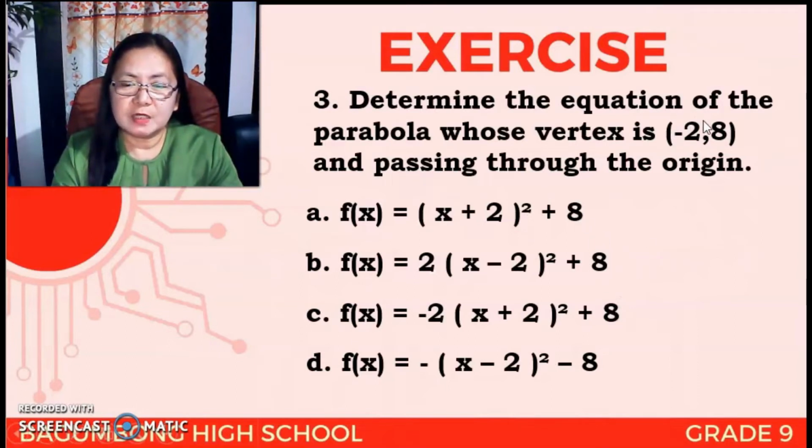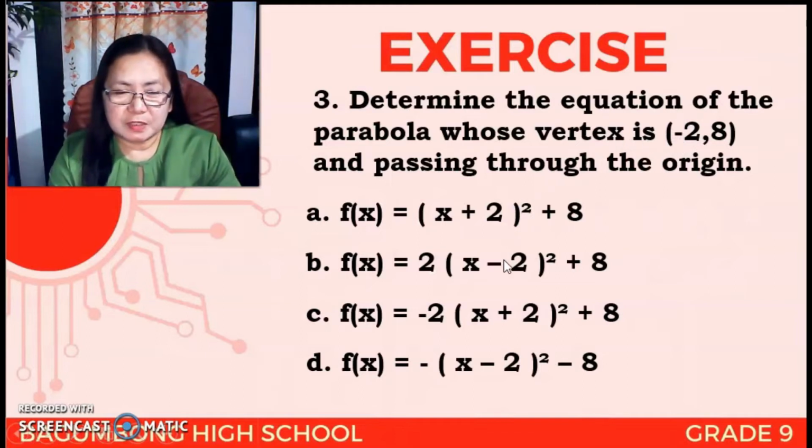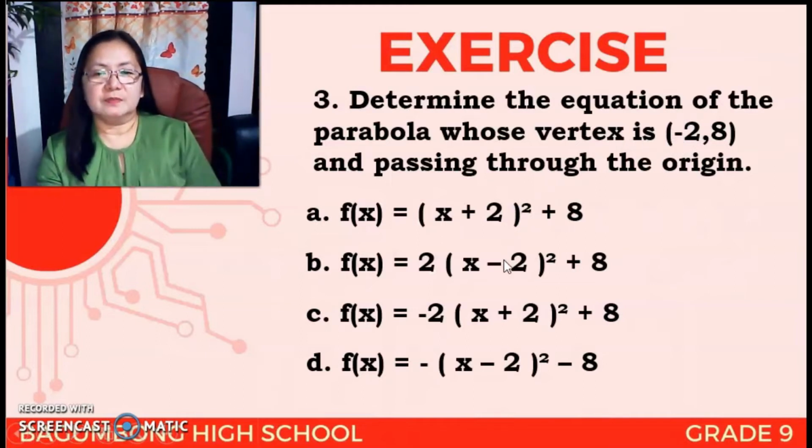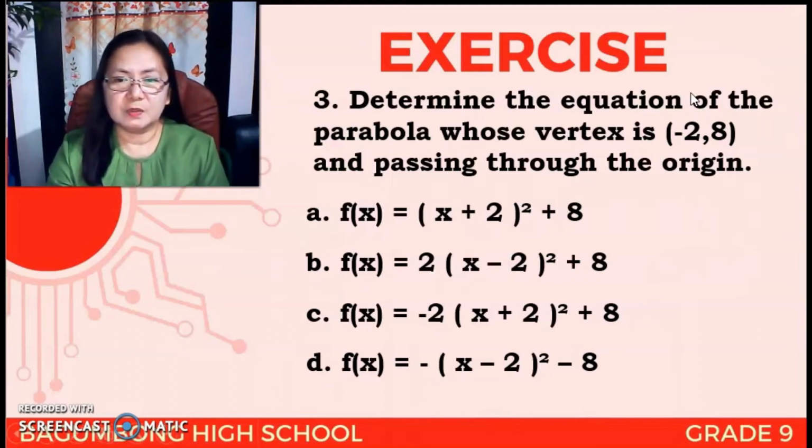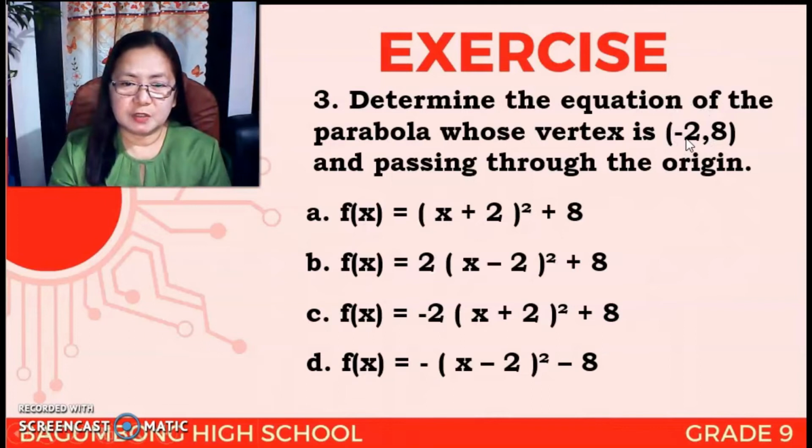What about the value of h? The value of h must be negative 2. So, which of these quadratic functions has negative 2 as the value of h? Okay, is it letter A, letter B, or letter C?